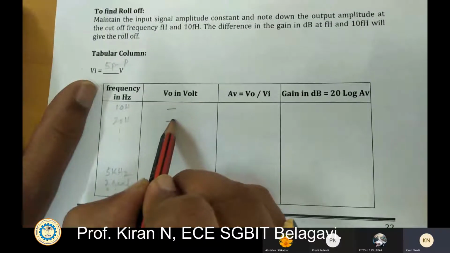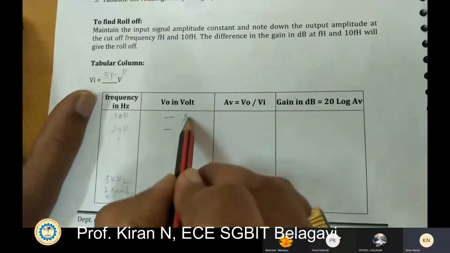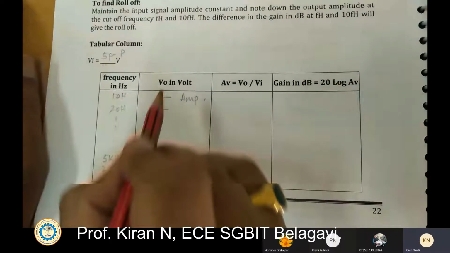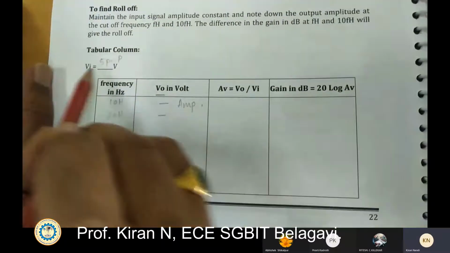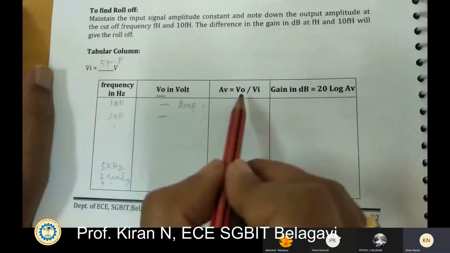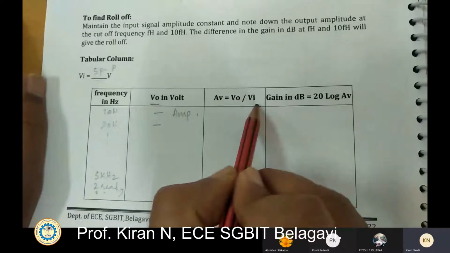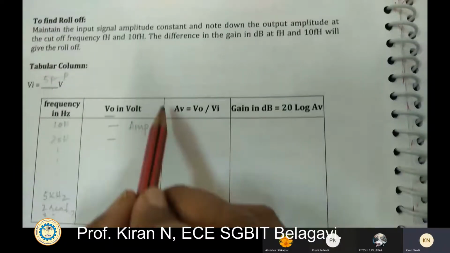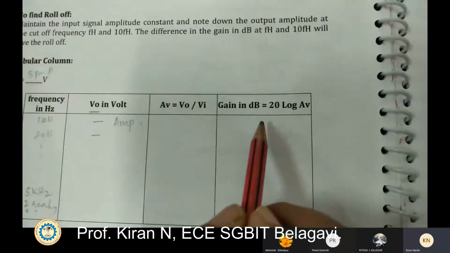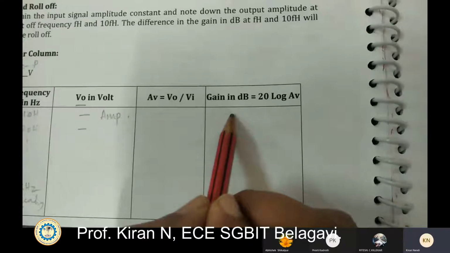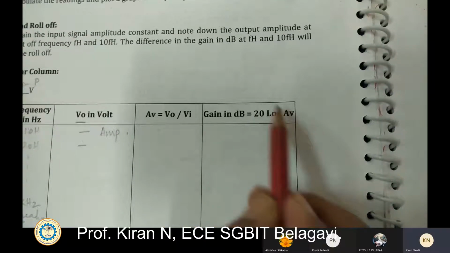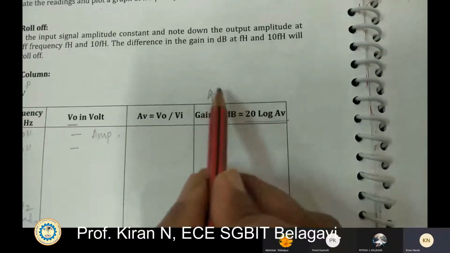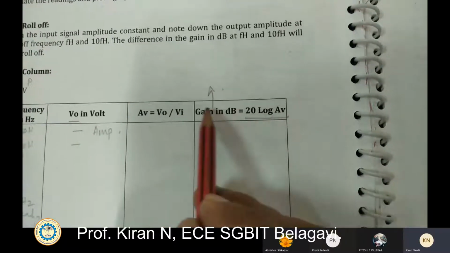So for the output voltage, we have to note down the amplitude of the signal. Once we get V0, Vi we already have. So the ratio of V0 divided by Vi gives the gain, that is AV. Then we have to calculate the gain in dB, using 20 log AV, because usually the gain is plotted in the graph with respect to decibel.